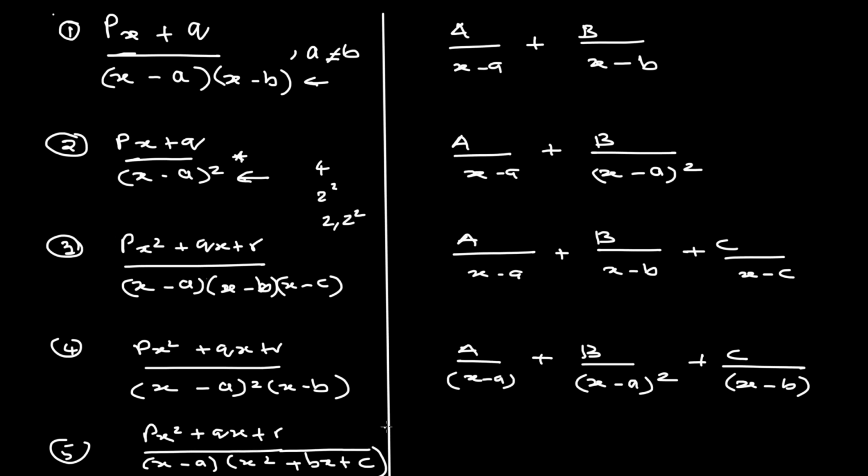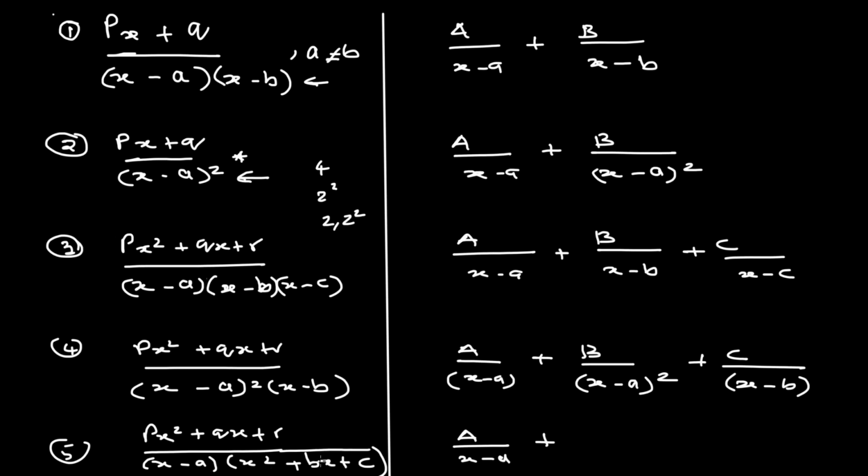Now we look at the final one. What's the final one? Look at this. We didn't break this down. It's still got x squared. So this means that we're going to have x here. Okay, x minus A, that's my first factor. What is my other factor remaining?